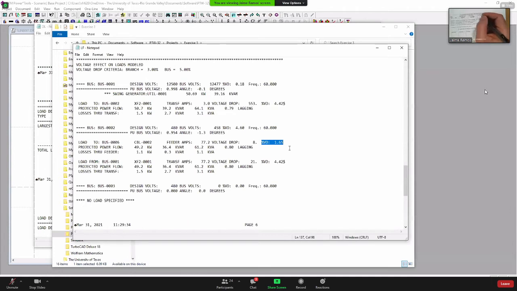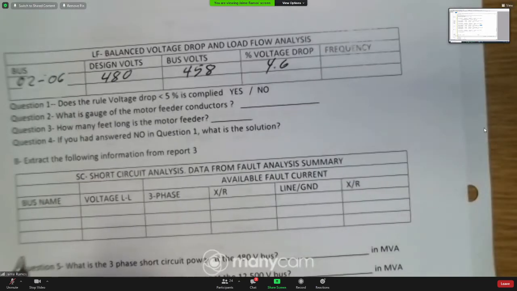It says 4.6% here. And then we further have another one, load to cable, feed amps.